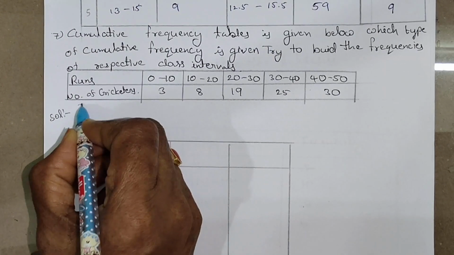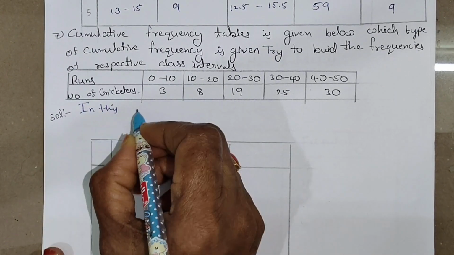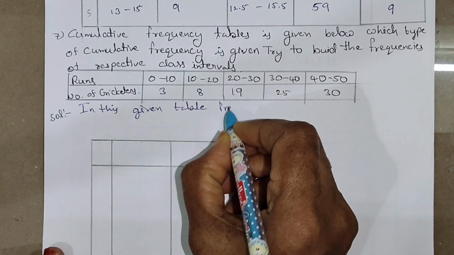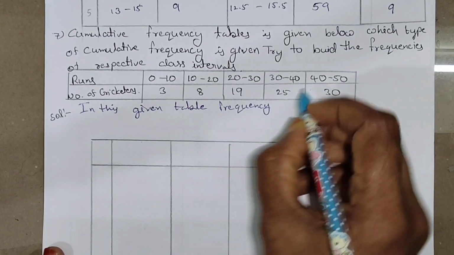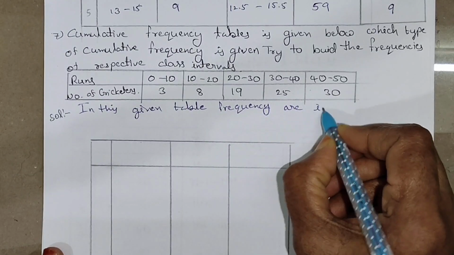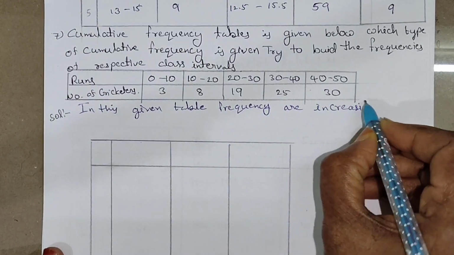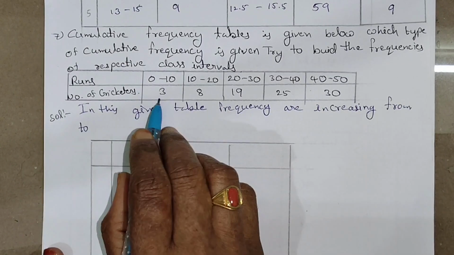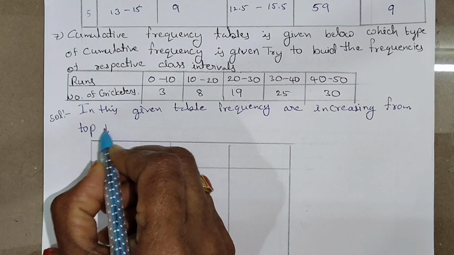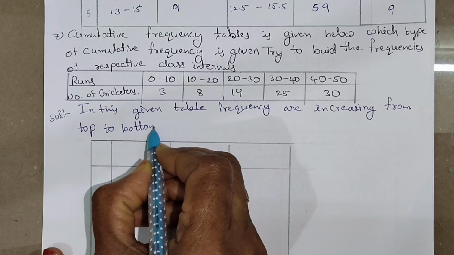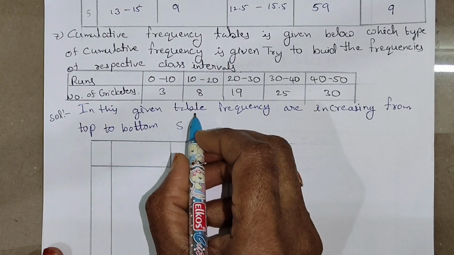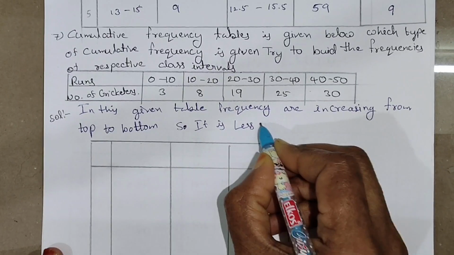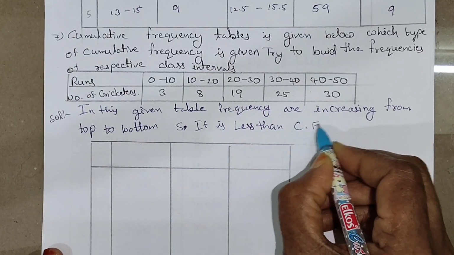So in the given table, the frequencies are increasing, from top to bottom. So it is a less than cumulative frequency table.